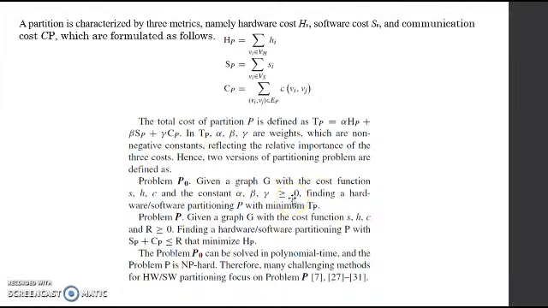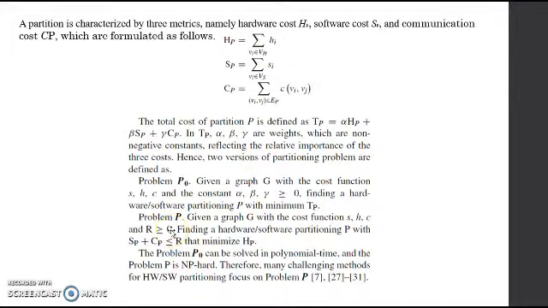Hence, two versions of the partitioning problem are defined. Problem P naught is: given a graph G with the cost function SHC and the constants alpha, beta, gamma greater than 0, find a hardware software partitioning P with minimum TP, which is the minimum total cost.